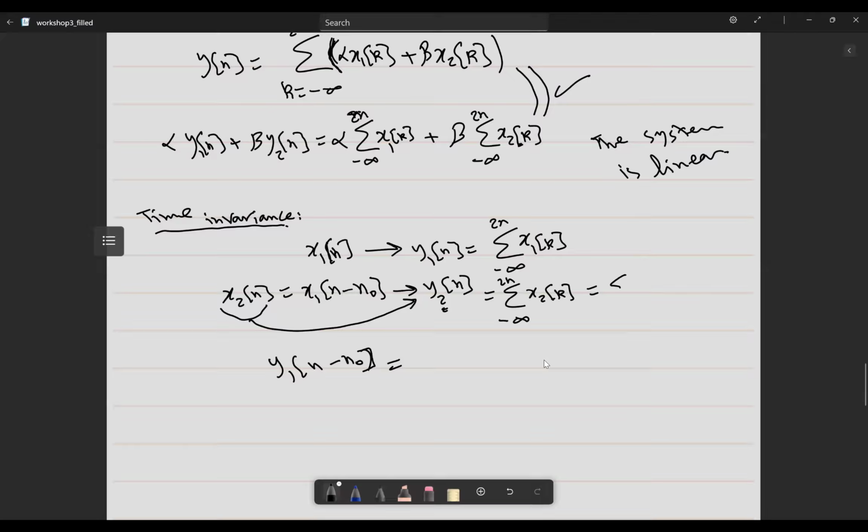It will be the summation from minus infinity to 2n of x1[k minus n0], right? We just shifted the signal, but this summation is part of the system. We didn't shift the system or the output of the system. We just shifted the input by n0.